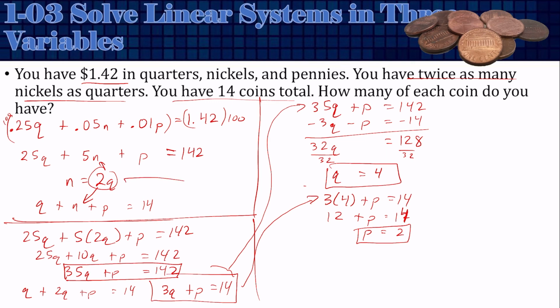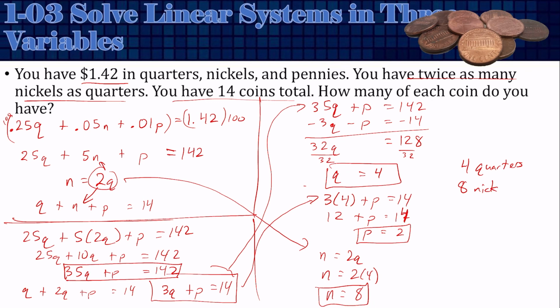And, oh, hey, we have this one, N equals 2Q, so N is 2 times 4, or N is 8. So we have 4 quarters, 8 nickels, and 2 pennies.